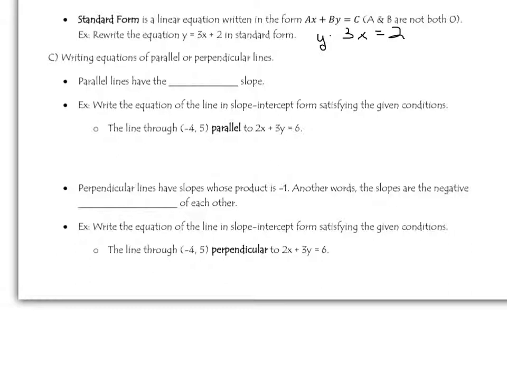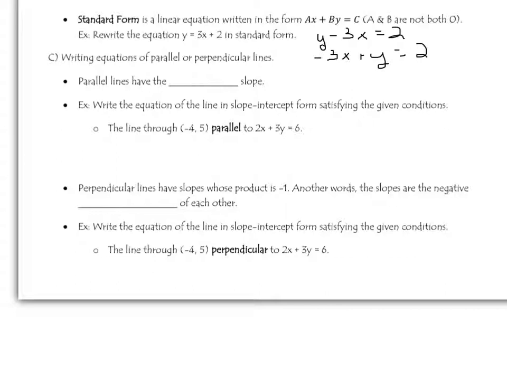So now we have our x and y term on the same side of the equation, but we need it in the form something times x plus something times y equals something. So we are going to move the negative 3x in front plus y equals 2. Now we have it as ax plus by equals c, where a is negative 3.